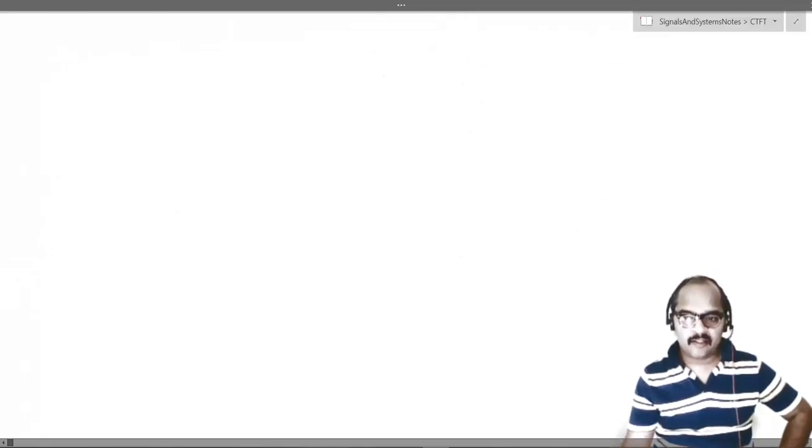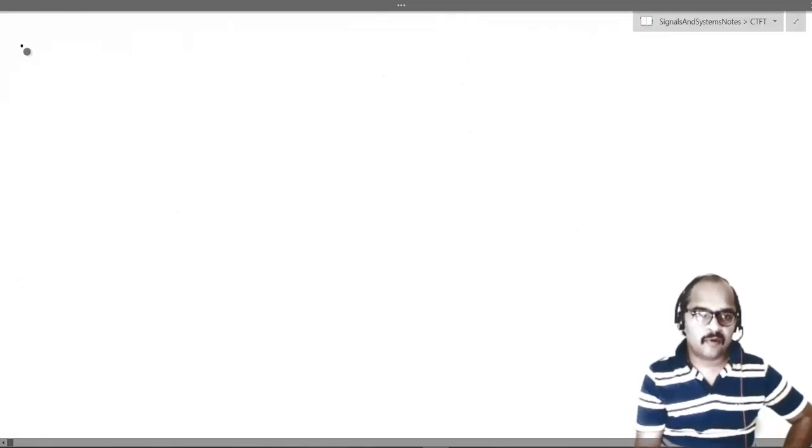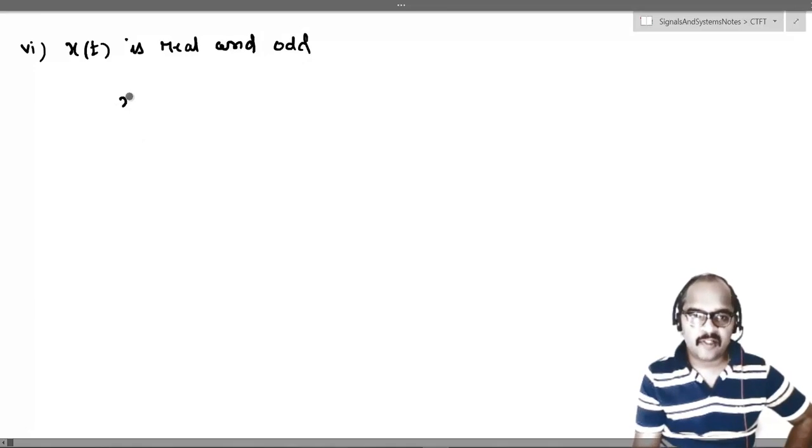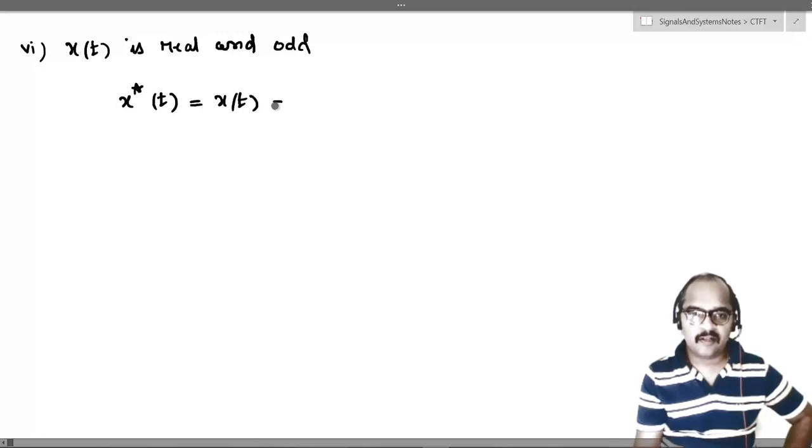Okay, so next let us talk about the sixth property, which is what happens if x of t is real and odd. So x of t is real means x star of t should be equal to x of t, and it is odd means x of t should be equal to minus x of minus t.